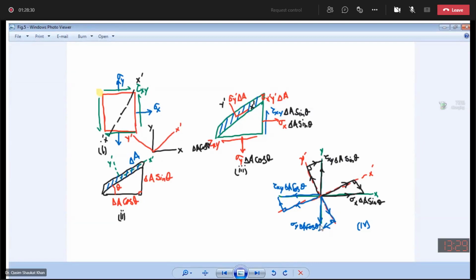Then the last one is tau xy delta A cos theta. Its component about the x dash axis will be tau xy delta A cos theta into cos theta, and along the y dash axis, its component will be tau xy delta A cos theta into sin theta. Guys, is this figure clear?